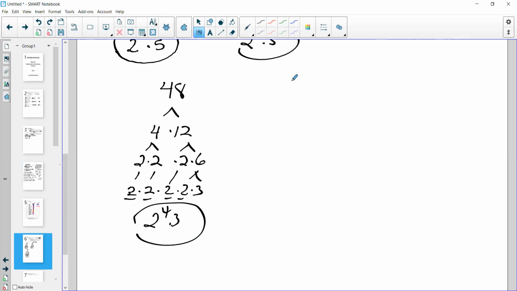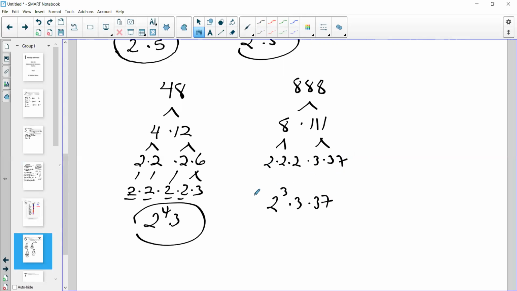And so what if I had 888? Okay. Well, as I said earlier, I know 8 will divide because it'll divide all 3. And so this one would be 111 times 8, and then 8 would be 2 times 2 times 2, and 111 would be 3 times 37, and 37 is actually prime, so we would say 2 to the third times 3 times 37 would give us the prime factorization of 888.